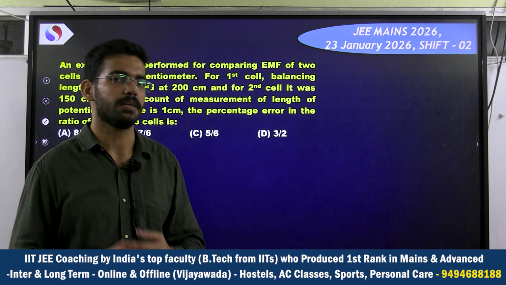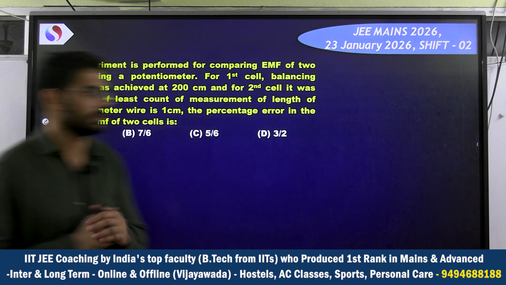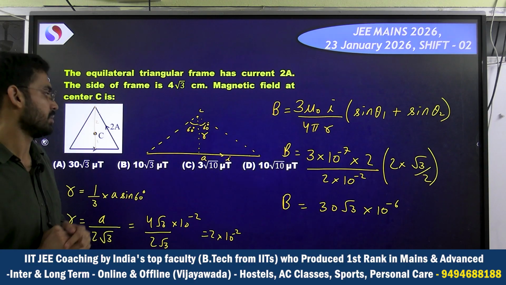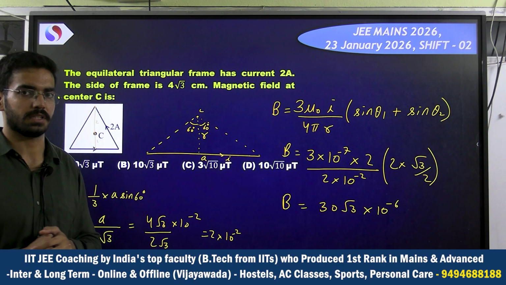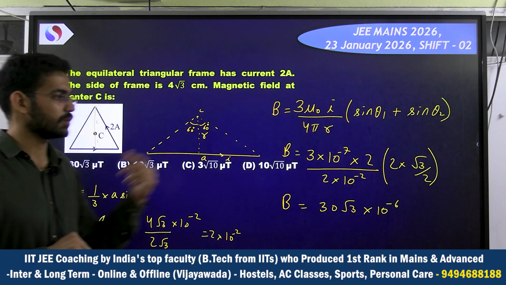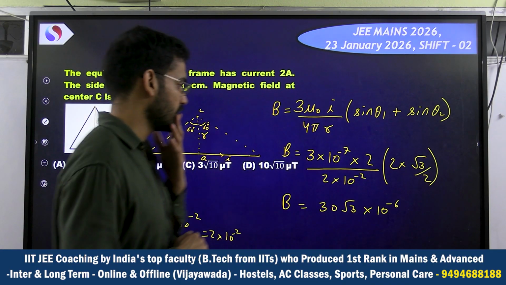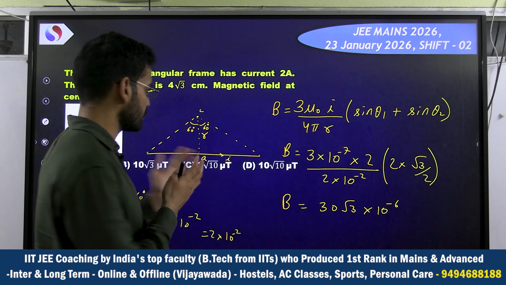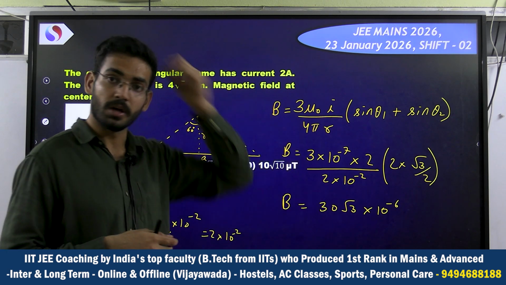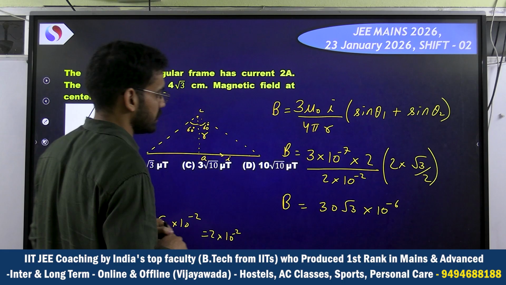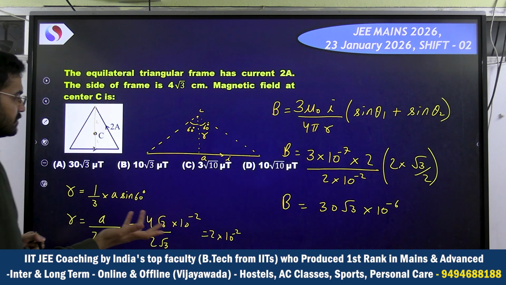So after my answer came, like how I did here, I still gave 5 seconds to see that it is not wrong. That way you have to check whether it is wrong. Because you are applying so much brain and investing so much time, and finally you make a silly mistake and your answer comes wrong. That is very, very silly.